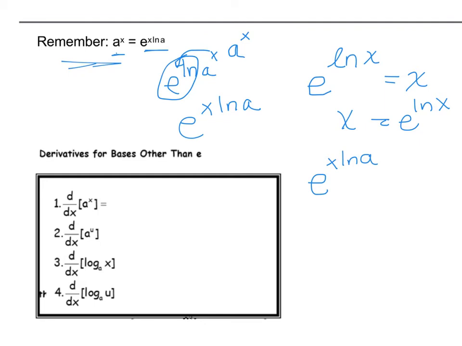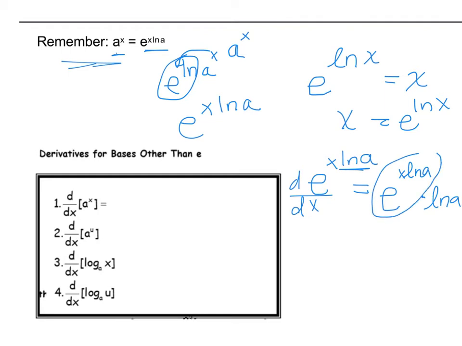Then I am going to have e to the x natural log of a times the derivative of the exponent, which is just natural log of a. Well, if I substitute this back in, I have a to the x natural log of a, and that is the formula for finding the derivative of a to the x, where a is any constant.